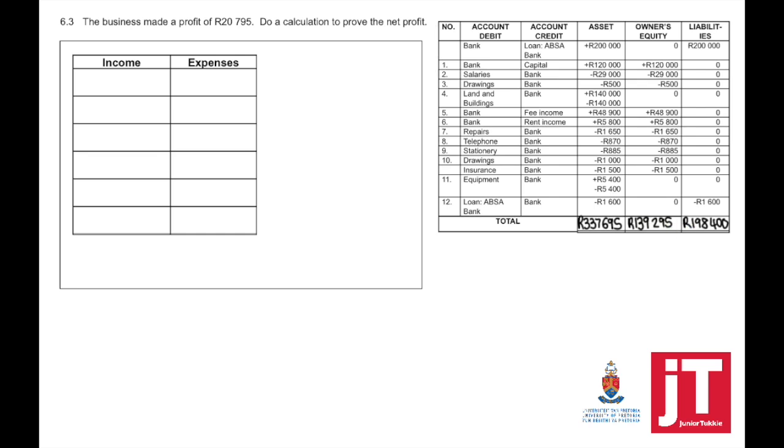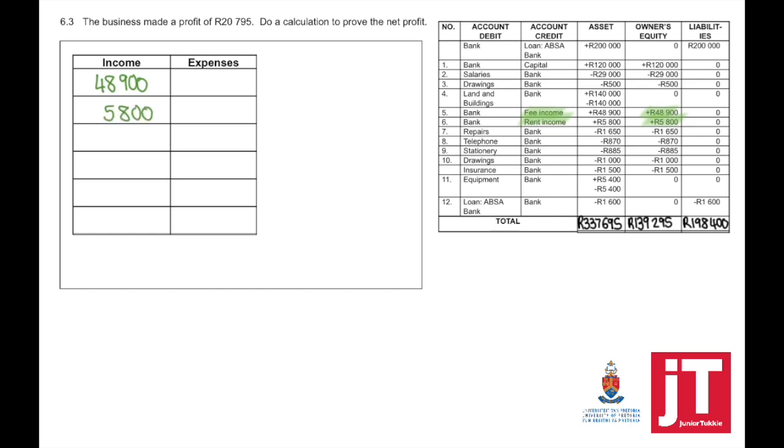Assets must equal owner's equity plus liabilities. So when we now need to find out our net profit, it means by looking at all of our income, we are going to say fee income, 48,900, and then we had rent income, 5,800.